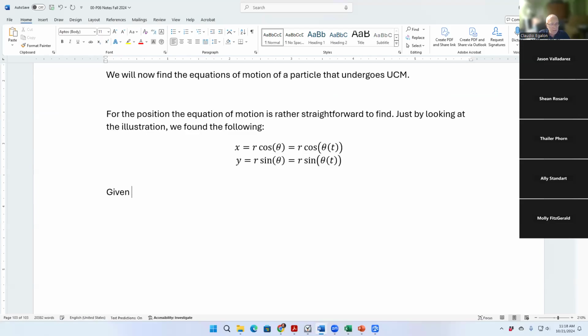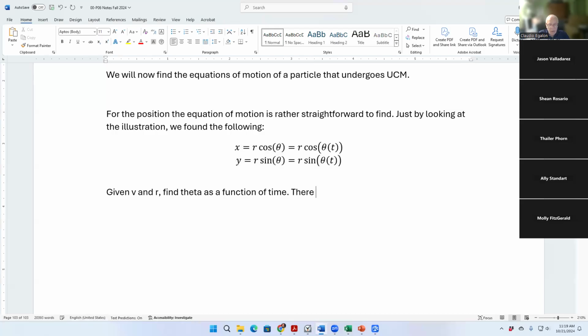So given V and R, find theta as a function of time. Okay, that's the challenge that we have in order to complete our problem here, at least the first set of the equations of motion.